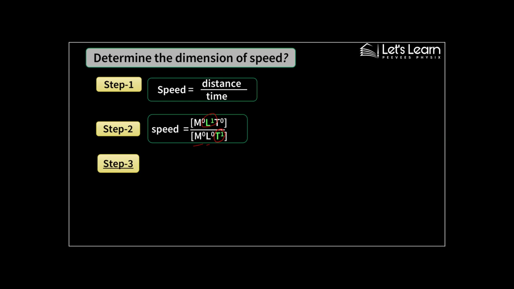So it shows M to the power of 0, L to the power of 1, and T to the power of 1. When it goes to the top, the numerator, it becomes T to the power of minus 1. So this is the dimension of speed, which tells you it doesn't contain the fundamental quantity mass. It contains the fundamental quantity length as to the power of 1, and time to the power of minus 1.